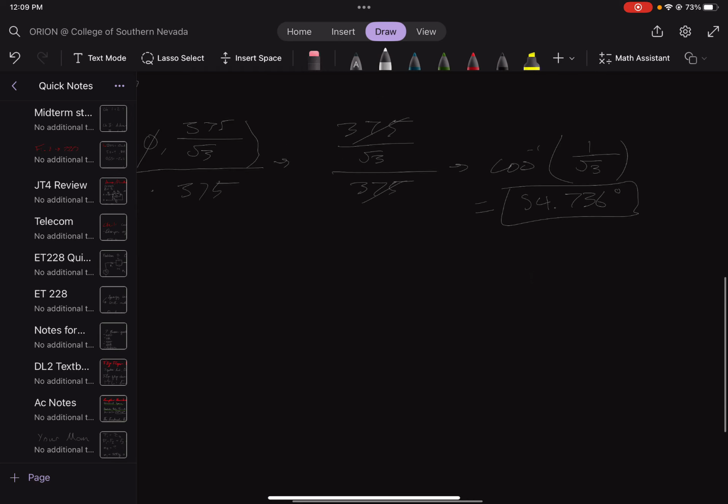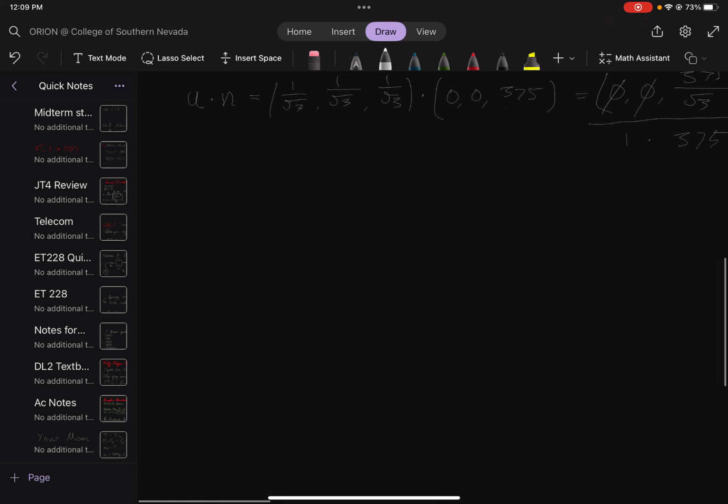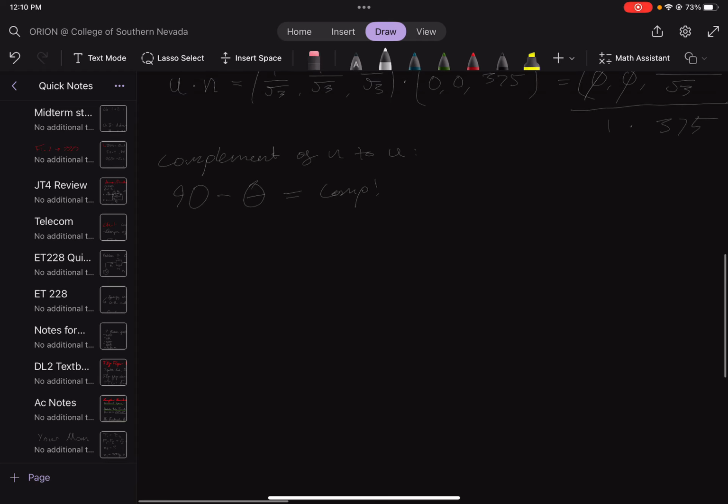Now, what we need to do further, though, is we're not done yet with the angle. We still need to find the complement of it. So to find the complement of the angle between n and u, we have to subtract the angle that we just calculated from 90 degrees. So to do that, we'll do that right here.